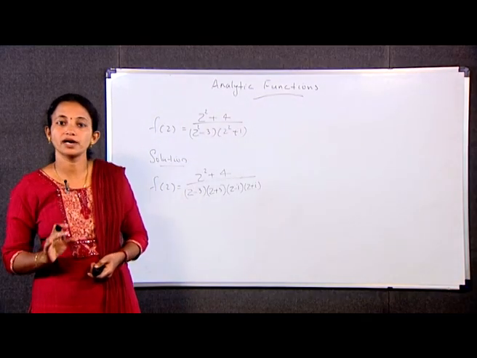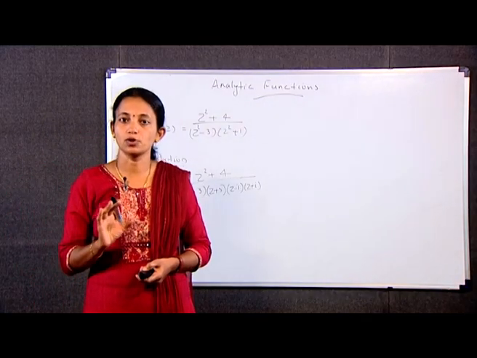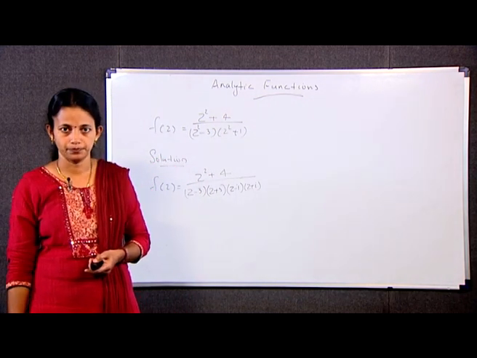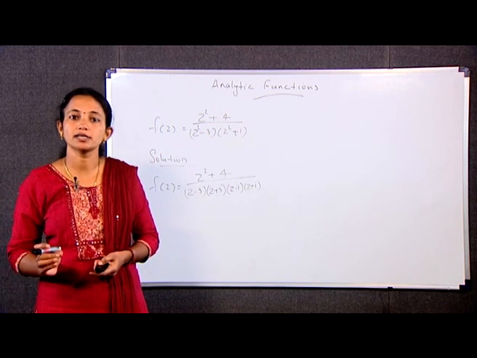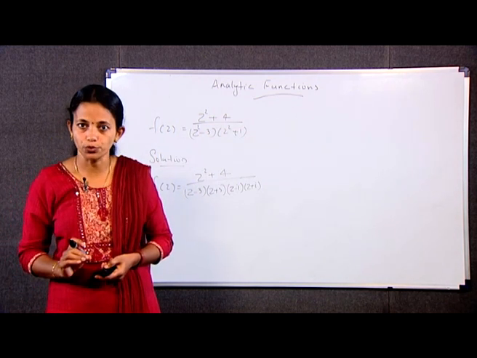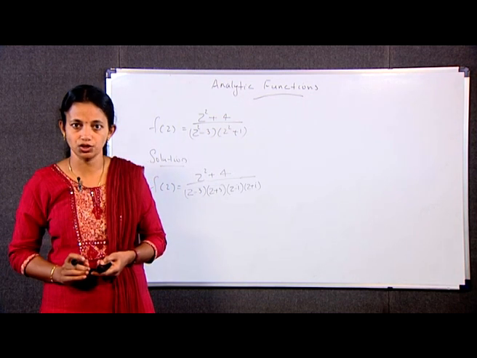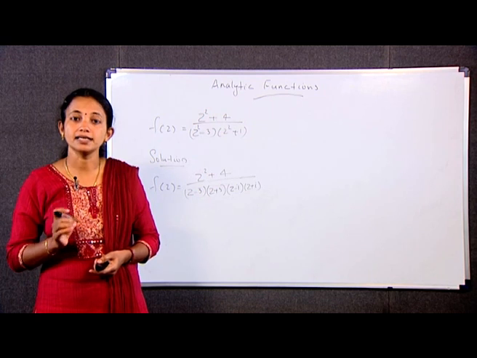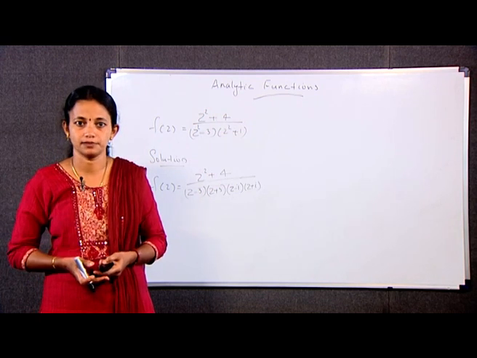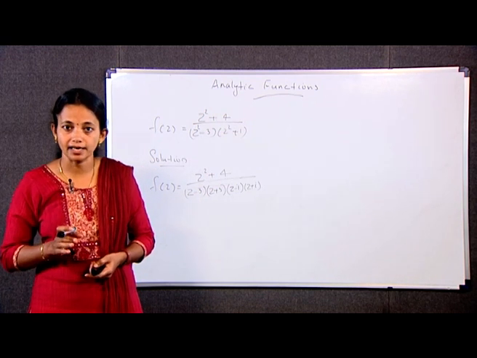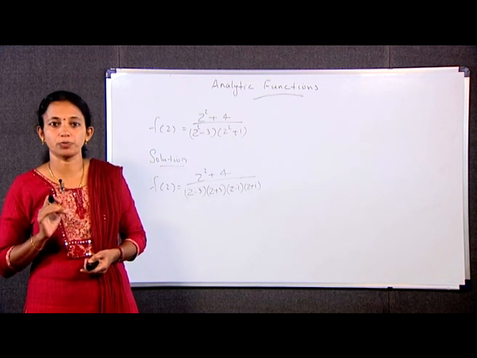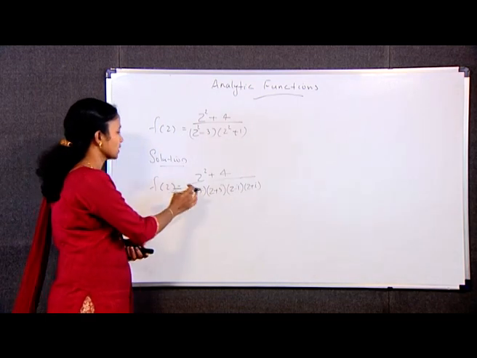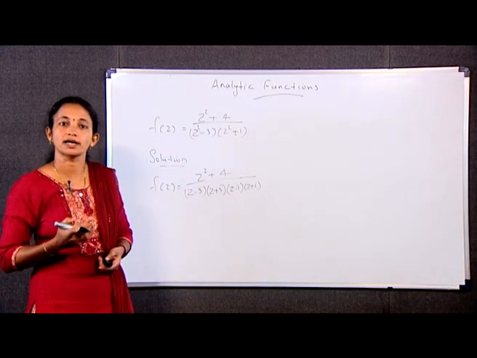It is not defined at the points z is equal to plus or minus root 3 and z is equal to plus or minus i. At all other points in the complex plane, by quotient rule and product rule of differentiation, f is differentiable. Hence, analytic at each point where it is defined, that is f is analytic throughout the complex plane except for the singular points z is equal to plus or minus root 3 and plus or minus i.